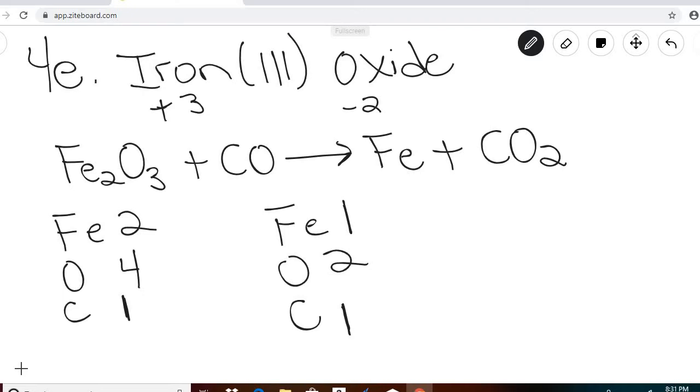Okay, so let's go ahead and fix the irons. We'll put a 2 here. So now we have 2 irons there. Carbons are okay. We have 1 and 1, but we have 4 oxygens and we have 2 oxygens.